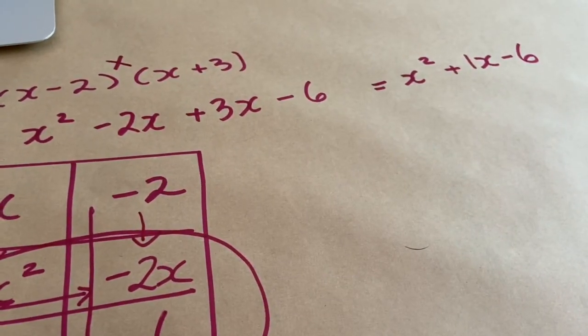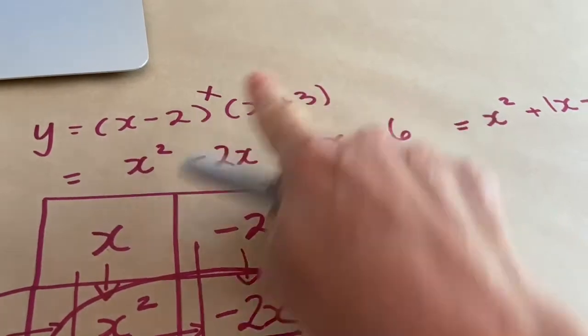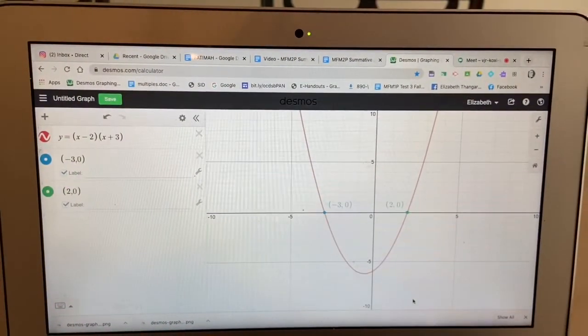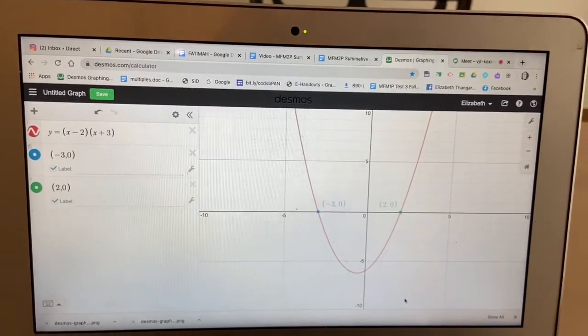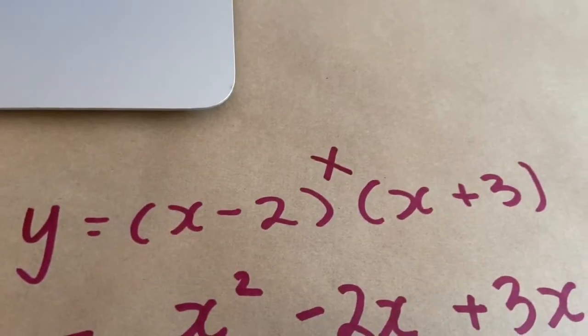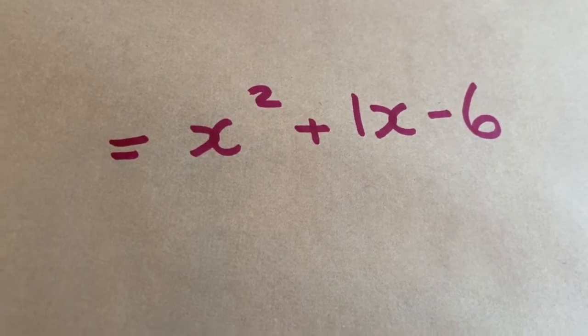And what we're going to do is use Desmos to make sure that the graph of this is the same as the graph of this. Here I am in Desmos. I've graphed (x minus 2)(x plus 3), and I've gotten my curve. What I want to check is that when I take this equation that I've changed from factored form to standard form, that standard form gives you the exact same graph.